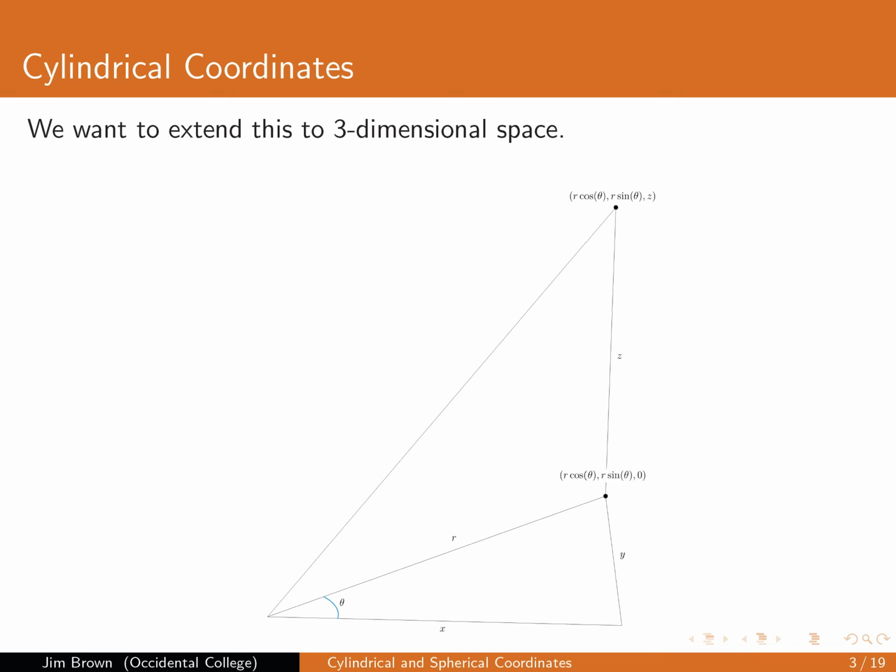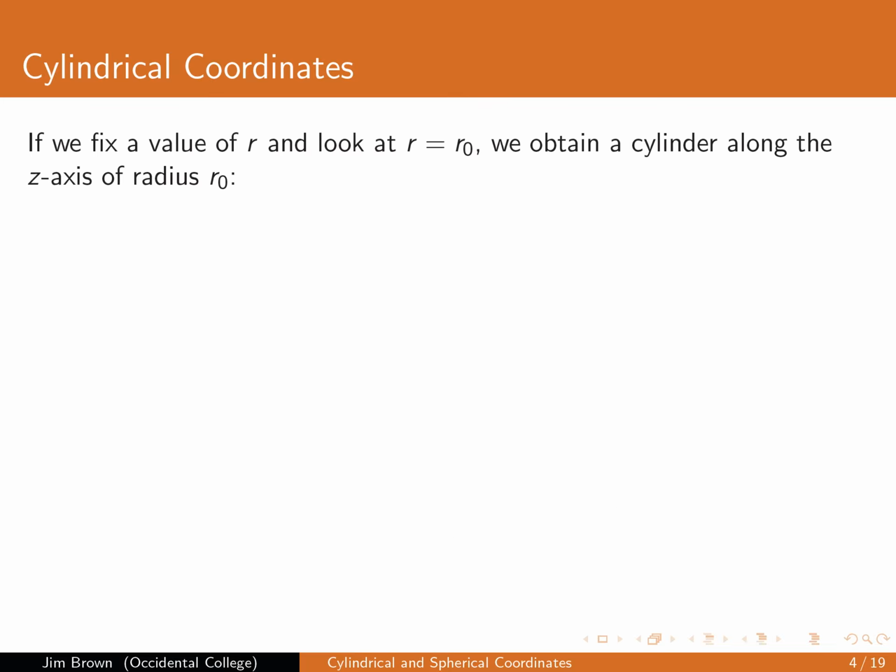And then if we want a point in 3-space, we can go up z units, and that will tell us how high above this point we are. So we have the point r cosine theta, r sine theta, z. And so we can see this point is determined uniquely by r, theta, and z. And so those are going to be our cylindrical coordinates, r, theta, and z.